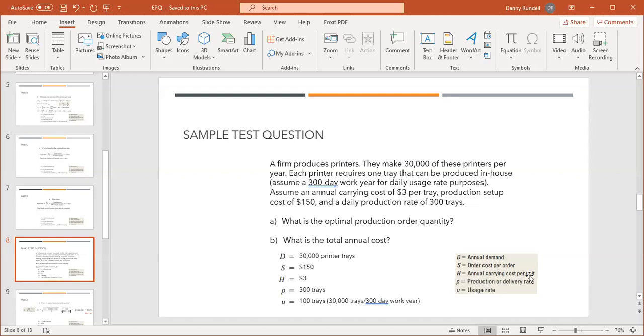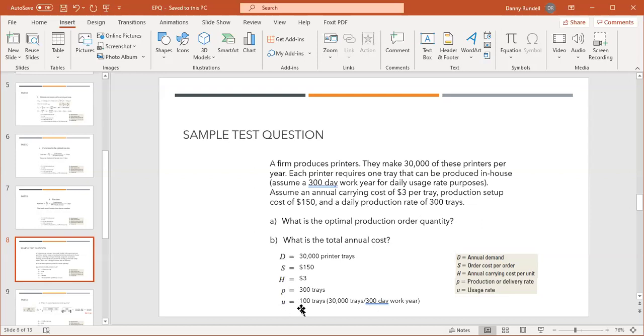And then annual carrying cost per unit, says it right here, annual carrying cost $3 per tray. Then production rate, P, production or delivery rate, is given right here, a daily production rate of 300 trays.